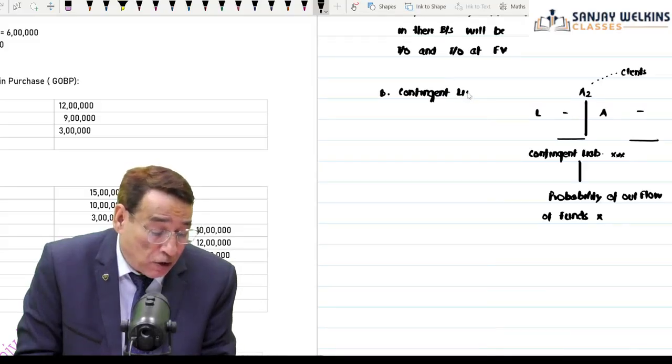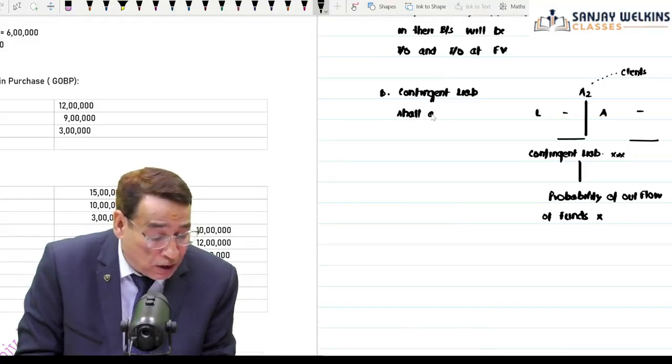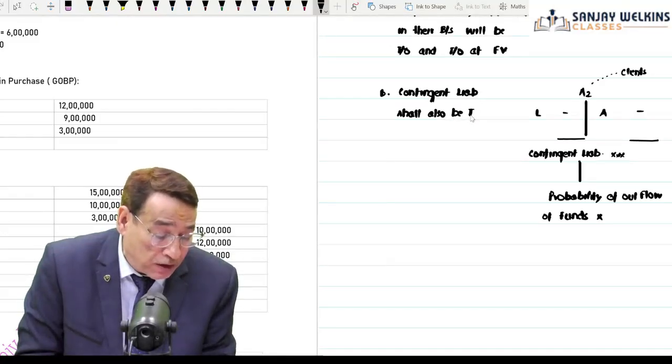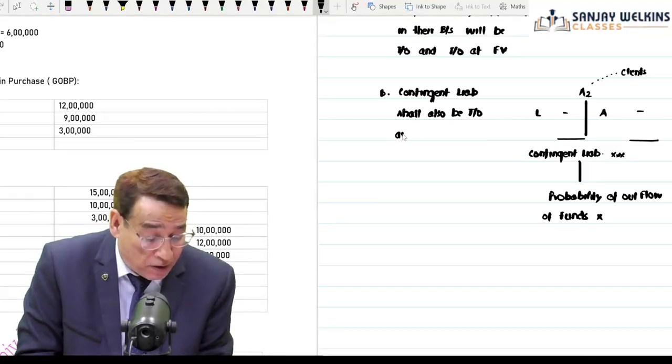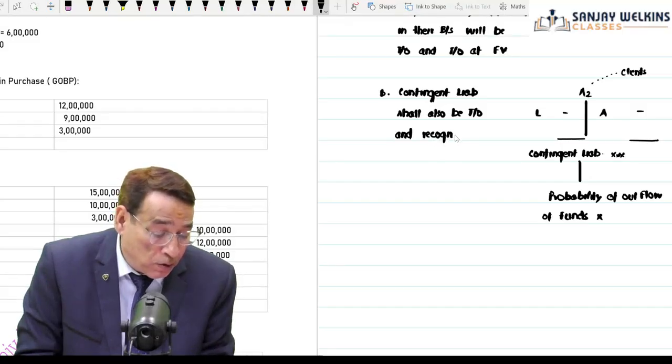Contingent liability shall also be taken over, and you are supposed to recognize it. And you are going to recognize it at fair value.